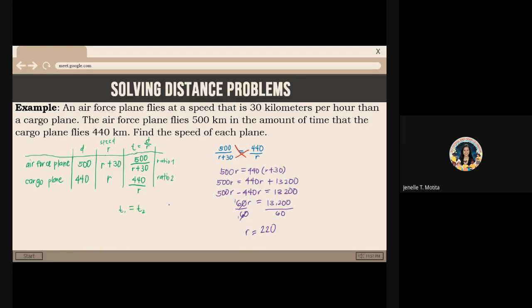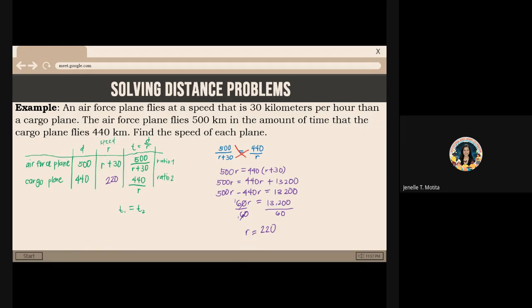Substituting this in your table, for the cargo plane, R is equal to 220. I'll write it here, 220. Is this kilometers per hour?